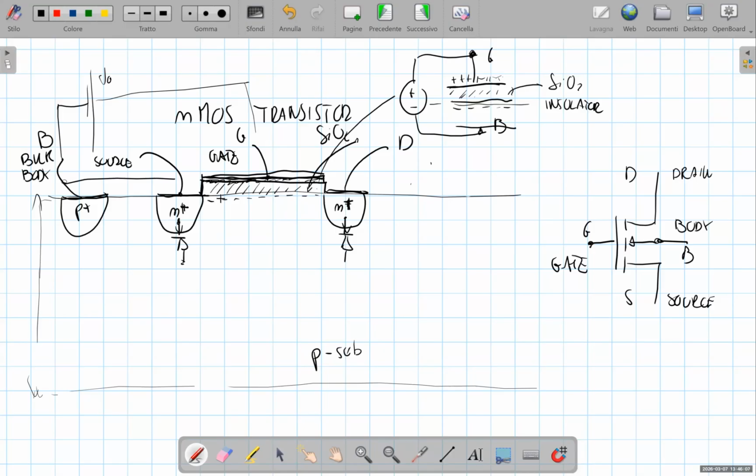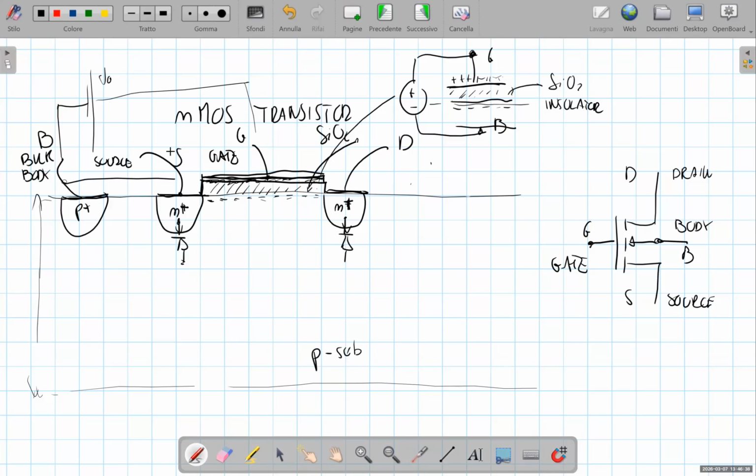When we have this channel of negative charges, of electrons, on the bottom plate of this structure, thanks to these charges there could be a current flowing from the drain to the source. So we can have a current. There is a conduction between the drain and the source of this device.